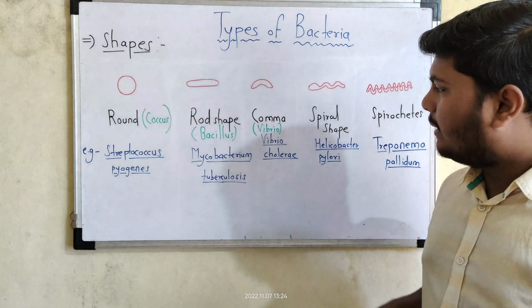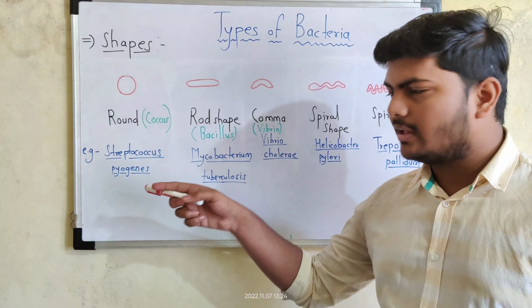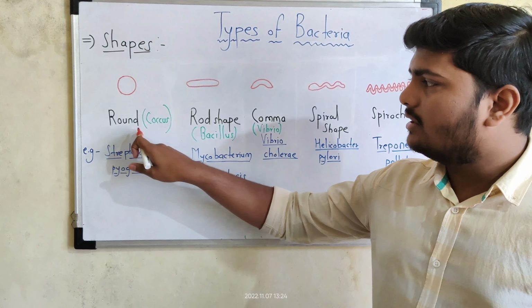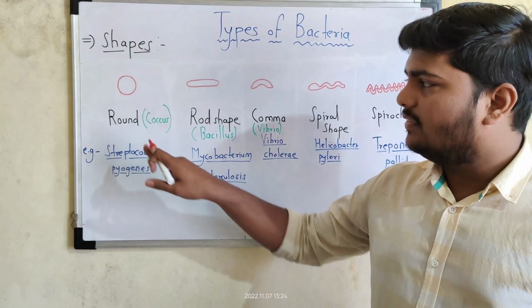Earlier I said I would tell what Streptococcus is in a few minutes. There are some more classifications of coccus or round shaped bacteria on the basis of their structural arrangement. If two spherical shaped bacteria are found, like two rounds attached to each other, it is called diplococci.